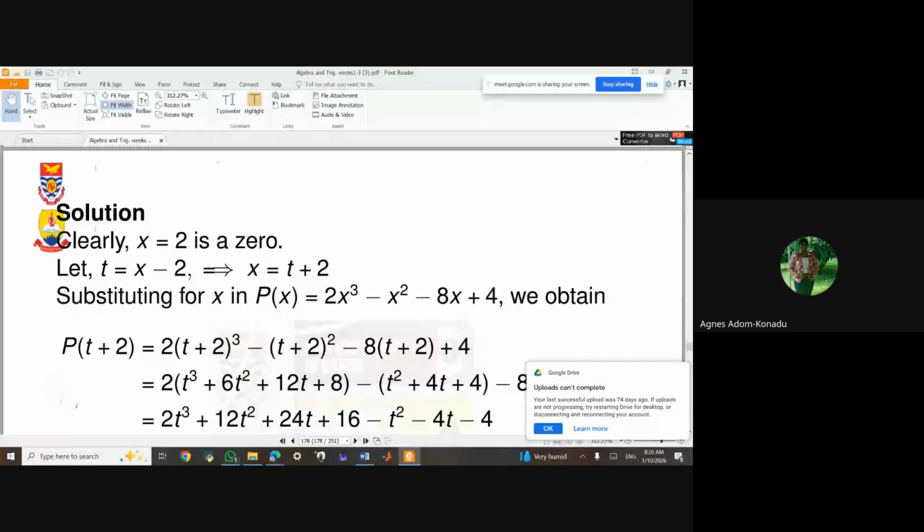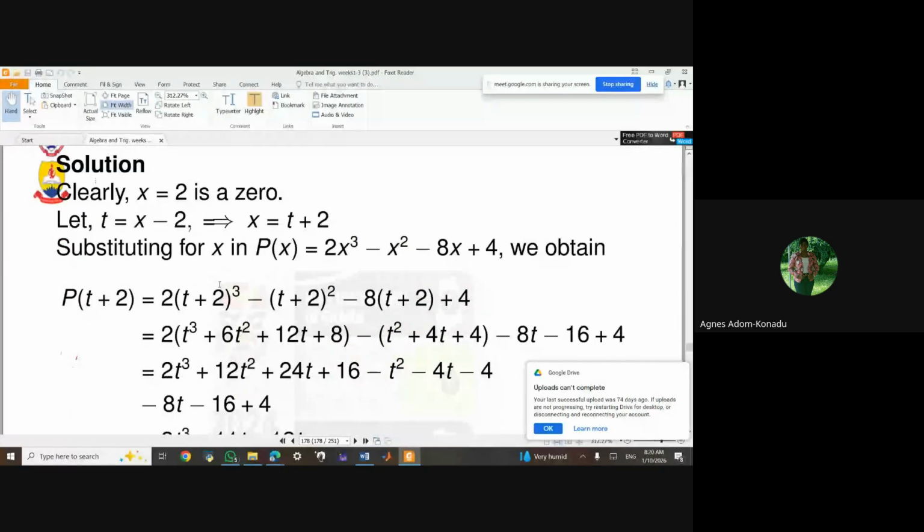Then I'll expand the first one. When I expand, I'm going to get 2 into t cubed plus 6t squared plus 12t plus 8, minus, when I expand the t plus 2 squared, I'm going to get t squared plus 4t plus 4. Then minus 8 times t plus 2 gives me 8t minus 16.